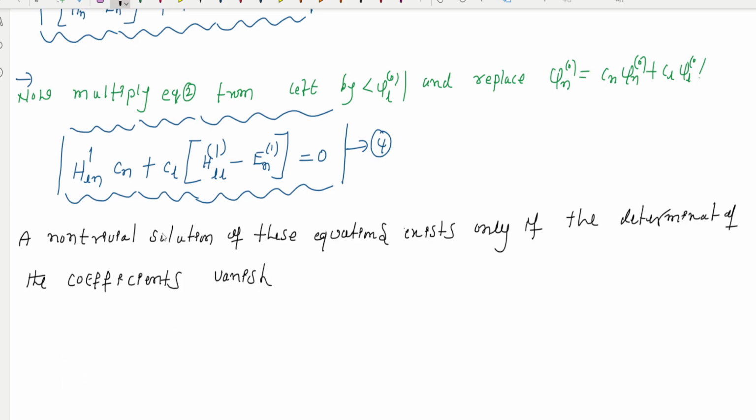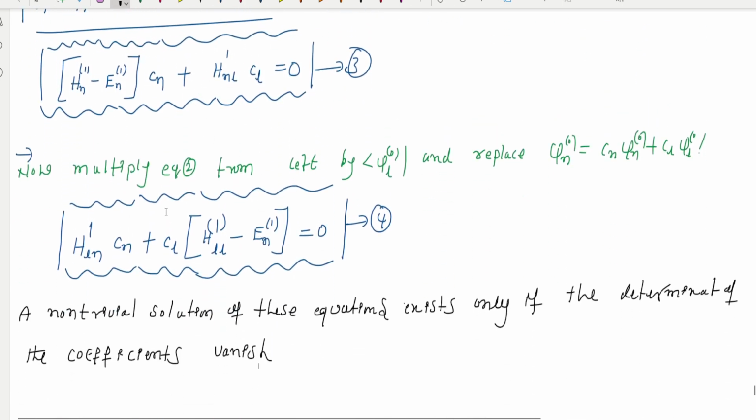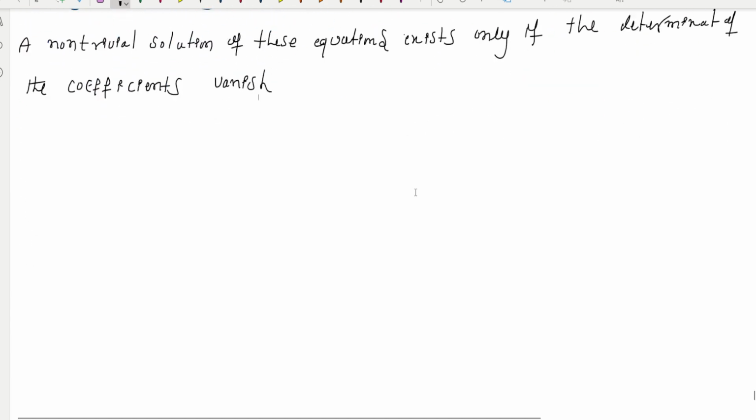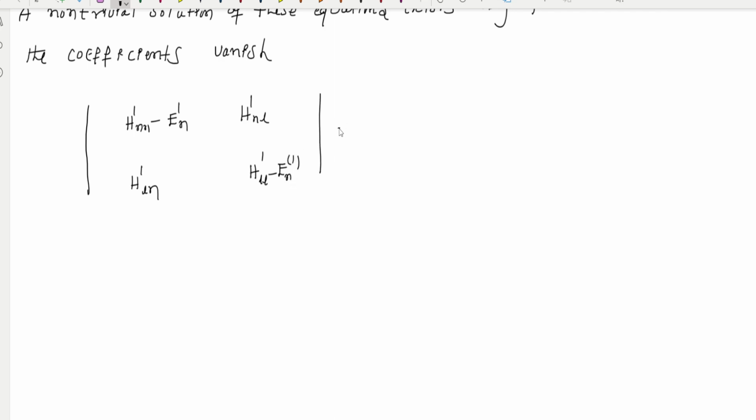Okay, so if you write these two equations in terms of a determinant, the first one is H'nn minus E1, H'nl; this is H'ln, this is H'll minus E^(1). So the determinant equals 0.